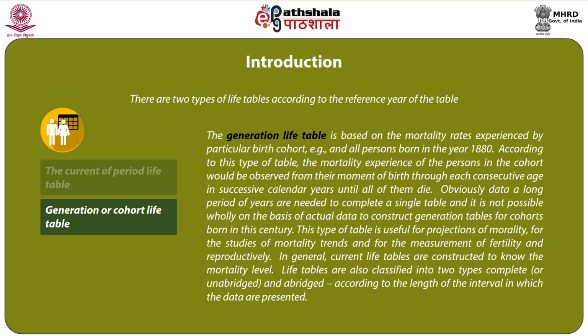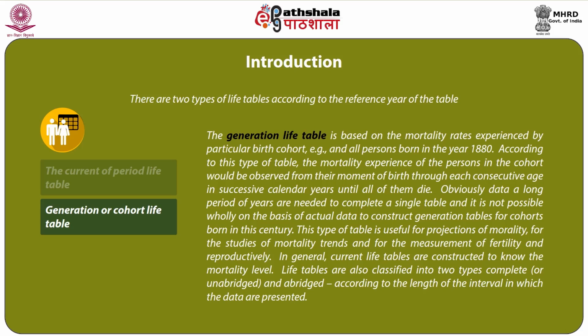Obviously, data for a long period of years are needed to complete a single table, and it is not possible wholly on the basis of actual data to construct generation tables for cohorts born in this century.